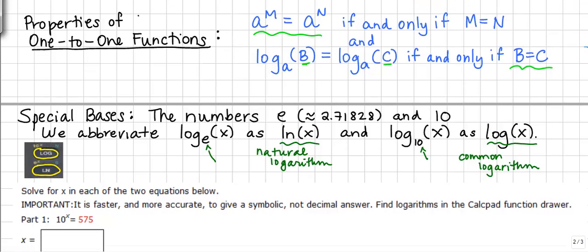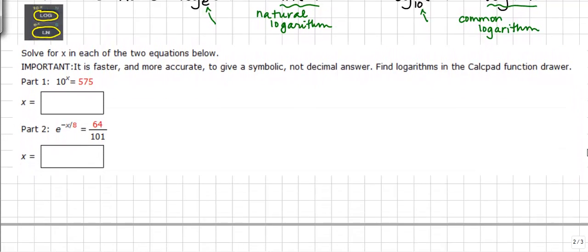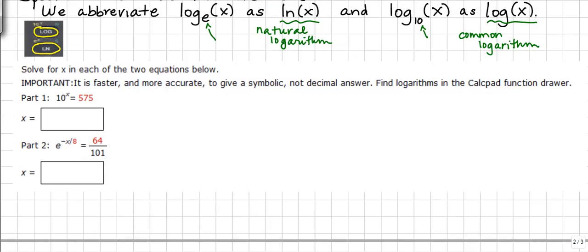Okay, so to solve the equations we have in front of us, the first one is 10 to the power x equals the number 575. And my first thought is it would be great if 575 were a power of 10, but since it isn't, we can use our definition of a logarithm and rewrite this in logarithmic form.